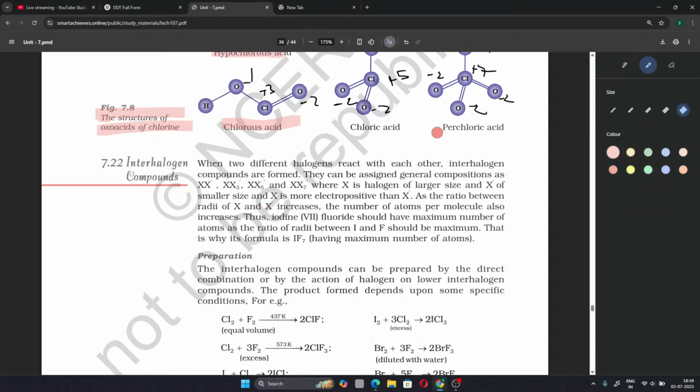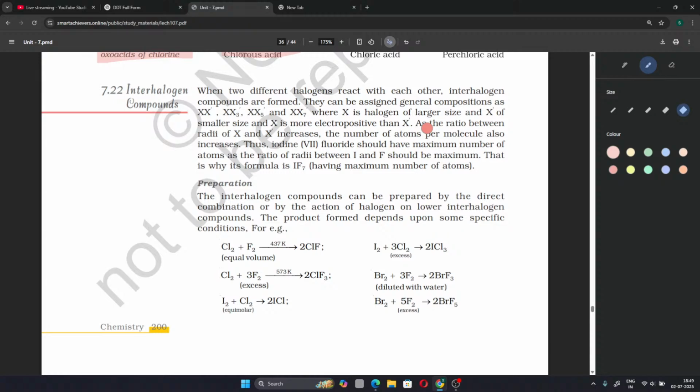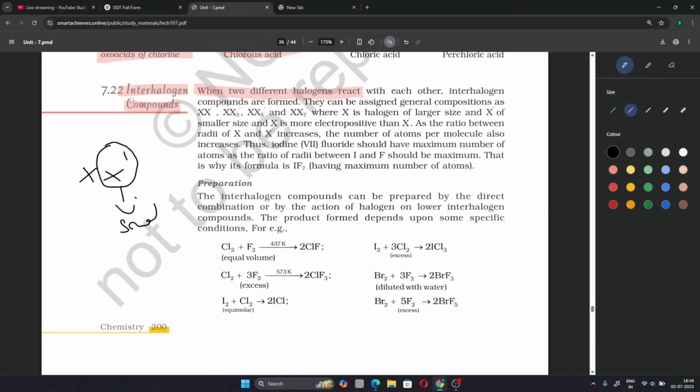Now the next type of compounds we see are interhalogen compounds.